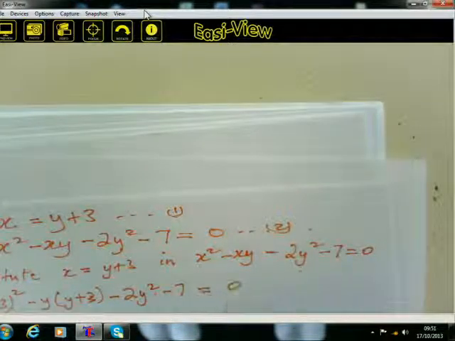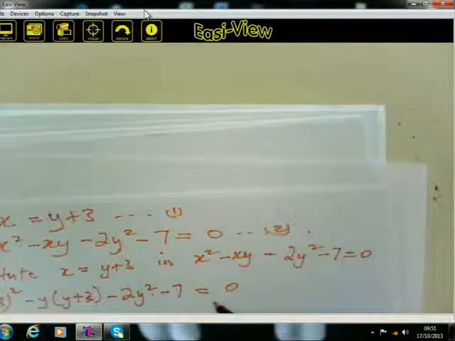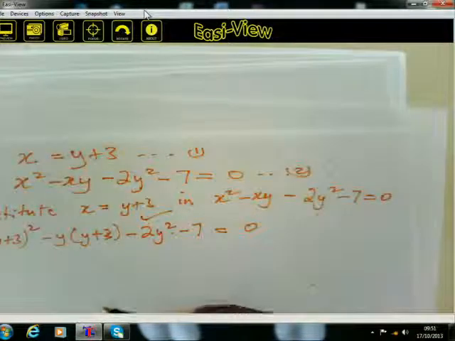The whole thing is going to be equal to 0. Now for the substitution, you are going to get a mark.